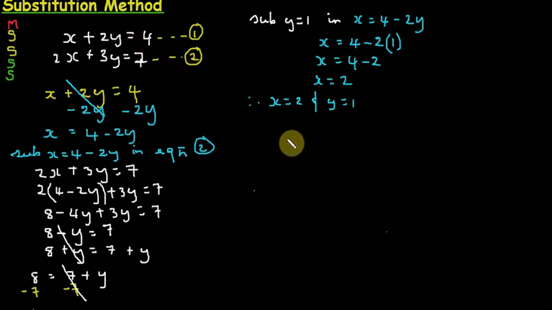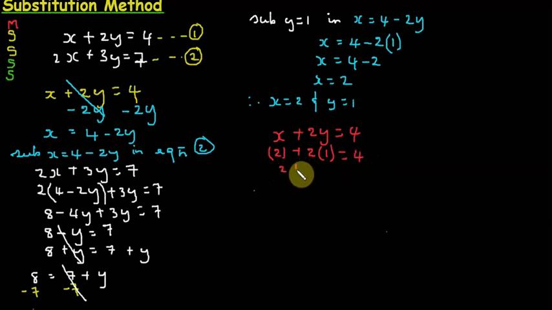So using equation 1, by the way, you can use one of the two equations there. Using equation 1, we have x plus 2y equal to 4. In the space of x, I will write 2. In the space of y, I will write 1. And the left side of the equation must be equal to the right side of the equation.